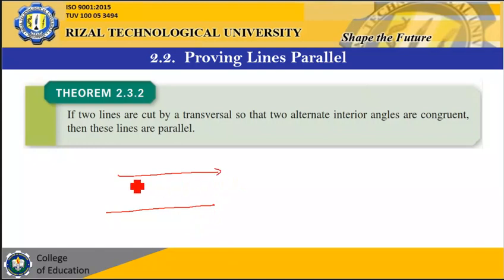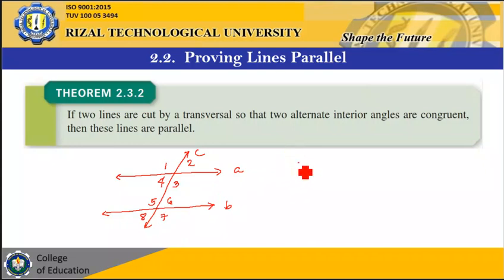Let's have line A and line B again cut by a transversal C, and let's name the angles as 1, 2, 3, 4, 5, 6, 7, 8.